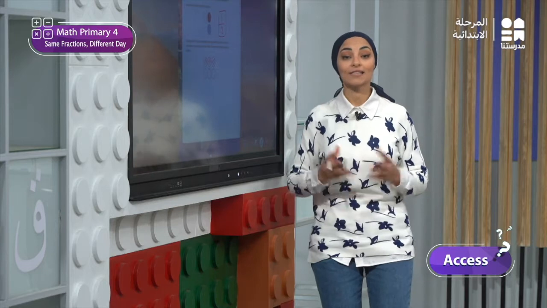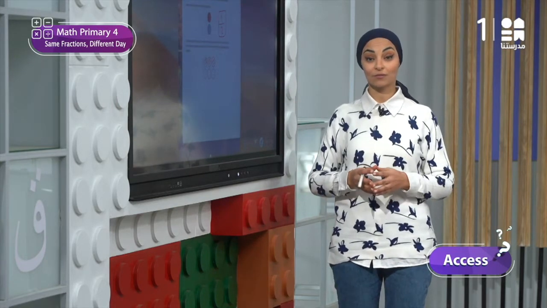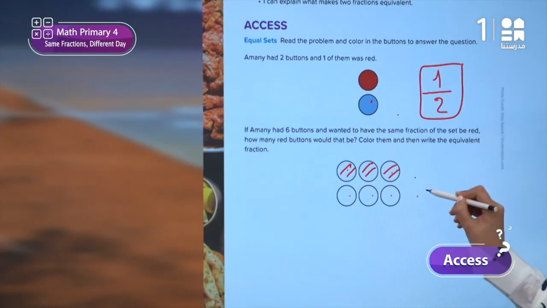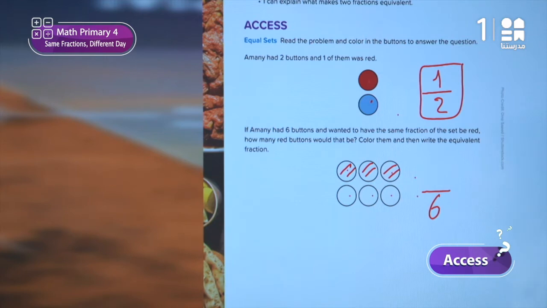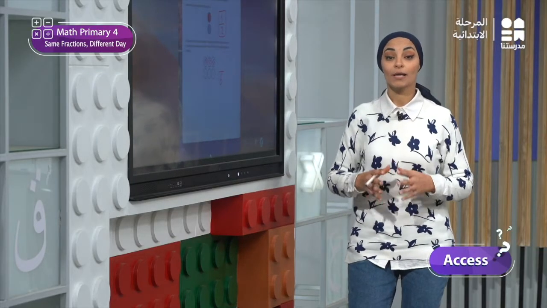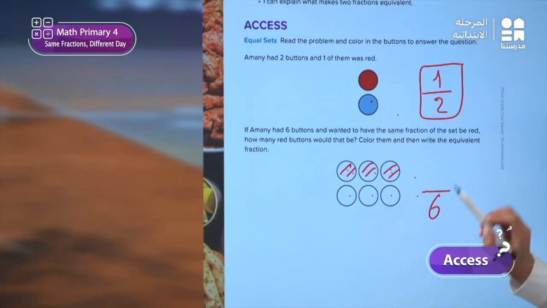Now, what is my denominator? The denominator is the total number of buttons, right? Here I have 1, 2, 3, 4, 5 and 6, so my denominator is 6. What about the numerator? The numerator is the colored parts. I have 3 colored parts, so I will write 3 in the numerator.